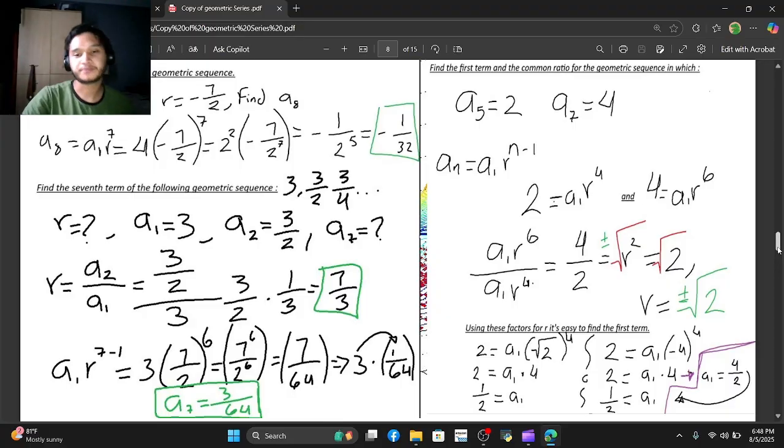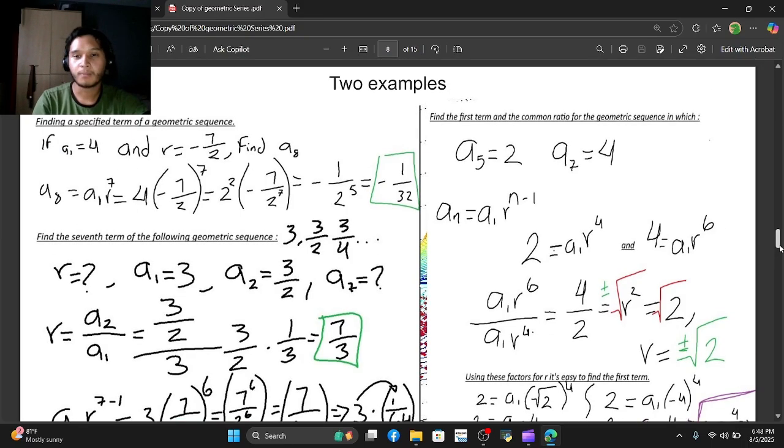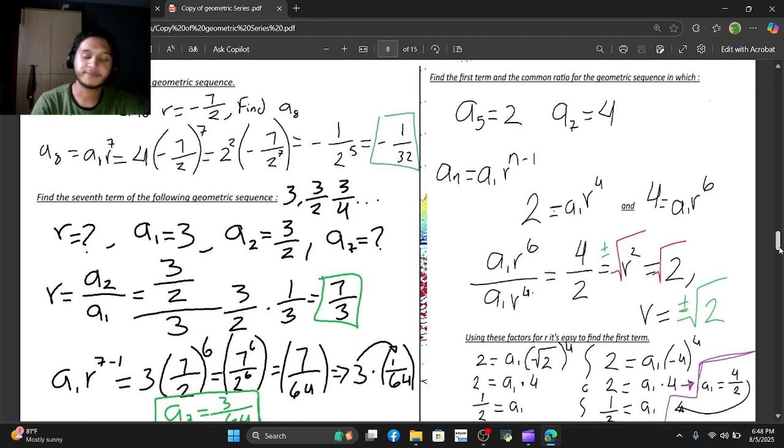Now I want to do the third example. We know that the fifth term of the sequence is 2. The seventh term of the sequence is 4. This is our formula. But we want to know what the first term is. We want to know what the ratio is also.